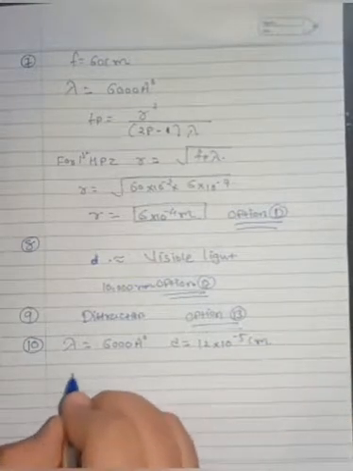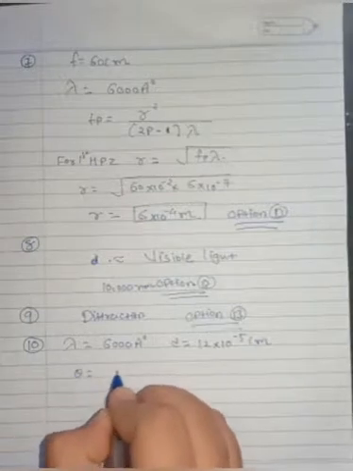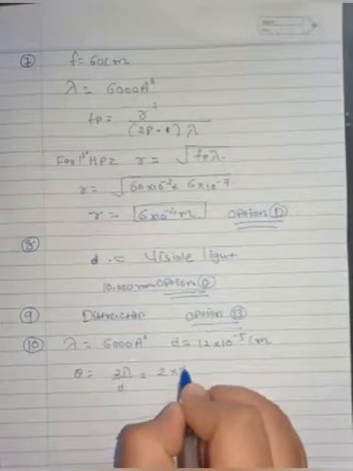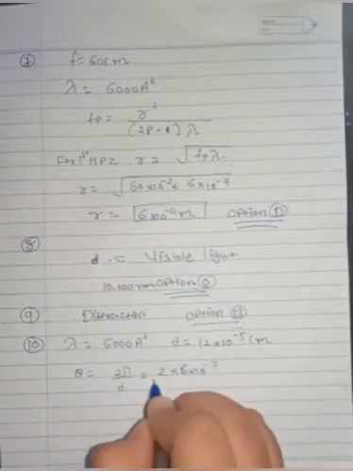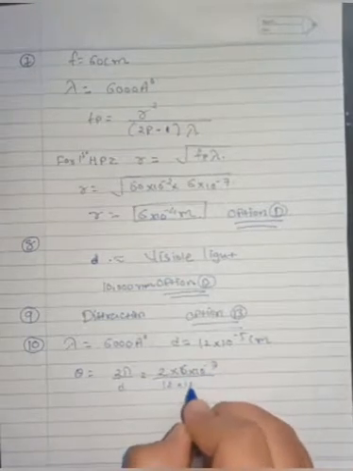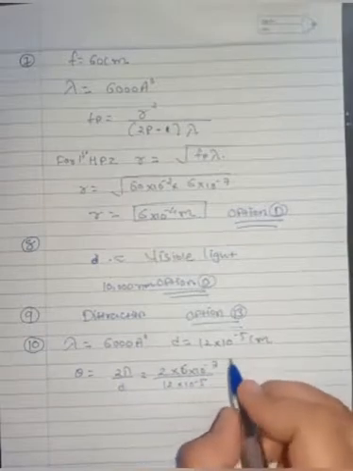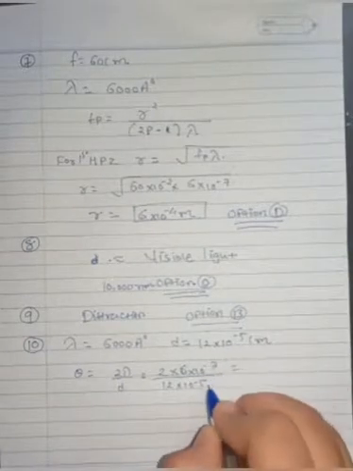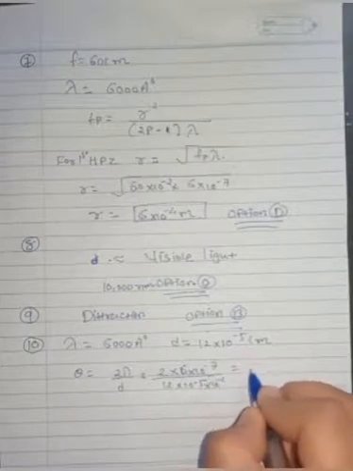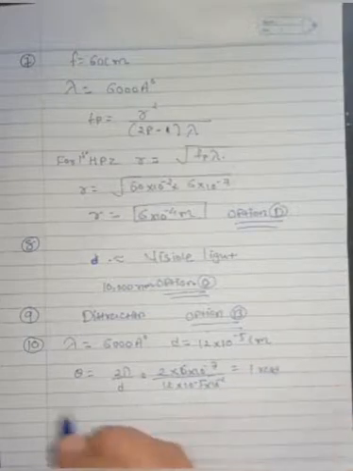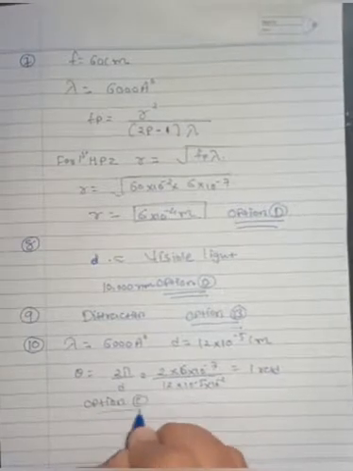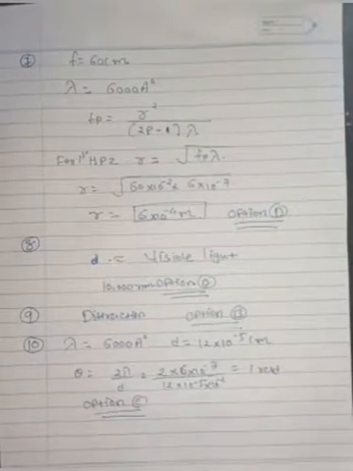Here angular width is given by 2λ/d, that is equal to 2 × 6 × 10^-7 divided by 12 × 10^-5. So this will give us the answer. This is in centimeters, so convert it into meter. 1 radian. So option C is the correct option.